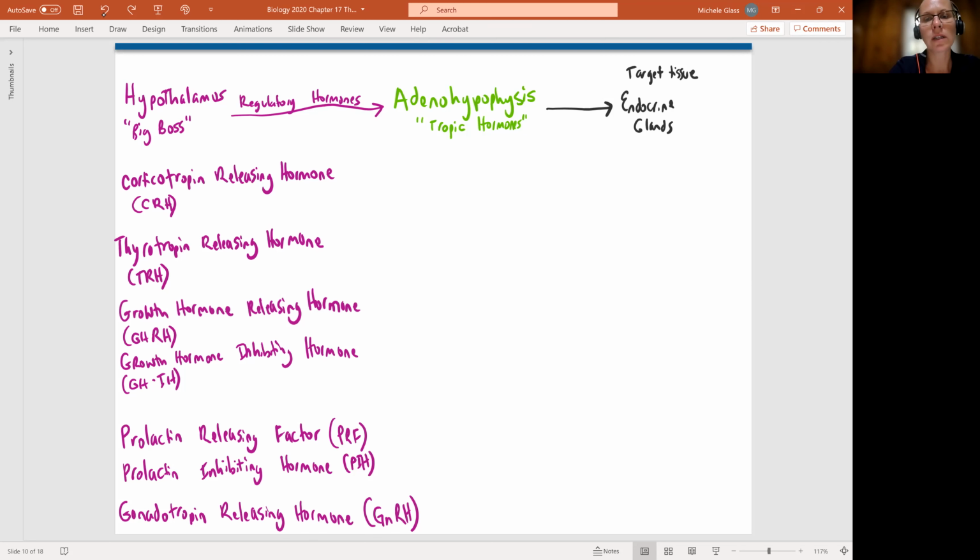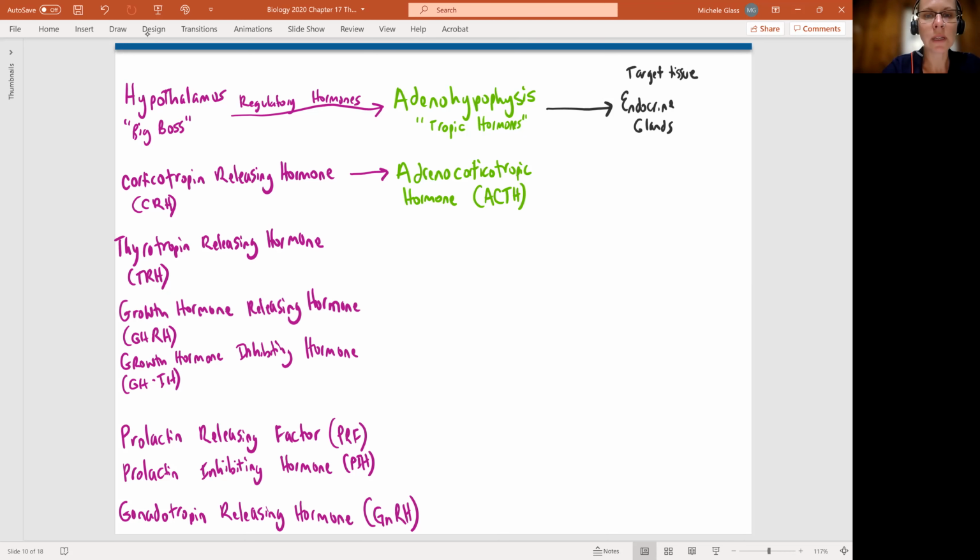And so when it targets the adenohypophysis, it's going to turn on the production of adrenocorticotropic hormone, abbreviated ACTH.